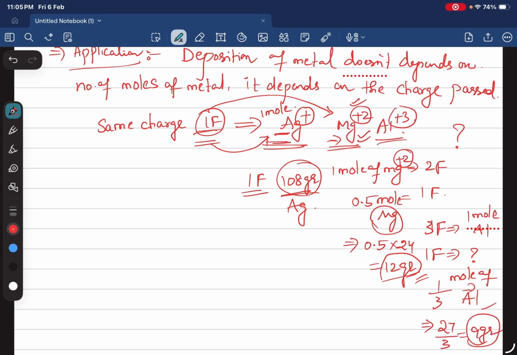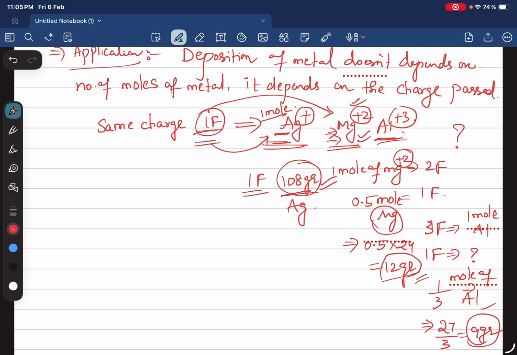So 1 Faraday to Ag plus gives 1 mole, 108 grams. Same 1 Faraday to Mg2 plus deposits half a mole of Mg. Same 1 Faraday to Al plus 3 deposits 1 by 3 mole of Al.